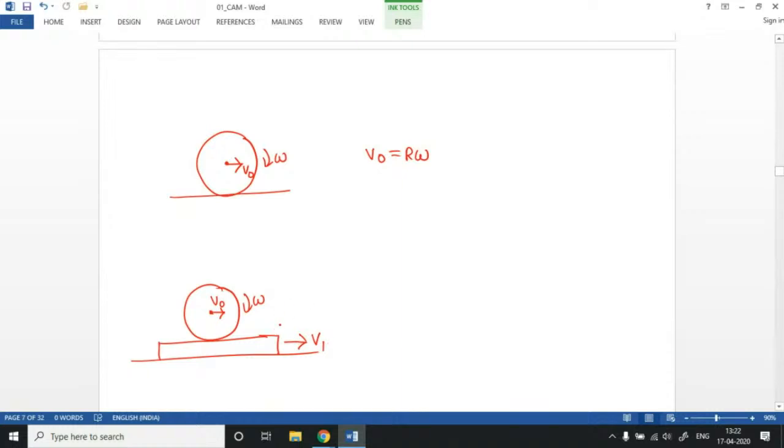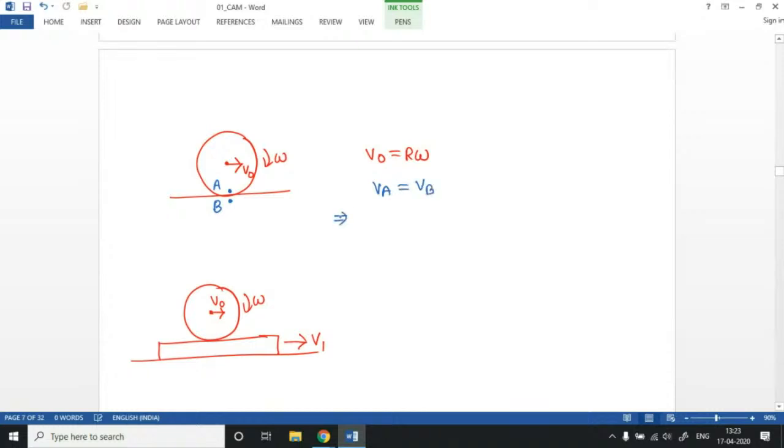Another way of looking at the rolling is simply, you must understand, since we are saying that there is no relative motion between the point of contact, let's say there is a point A on the sphere and point B on the ground, and they are in contact with each other, so no slipping simply means that VA is equal to VB.